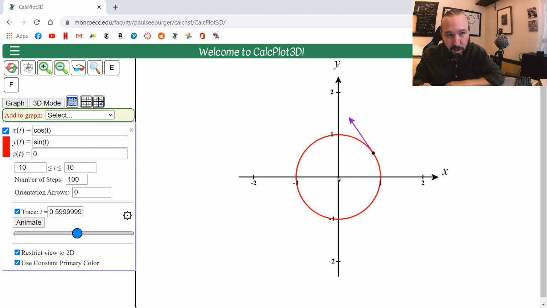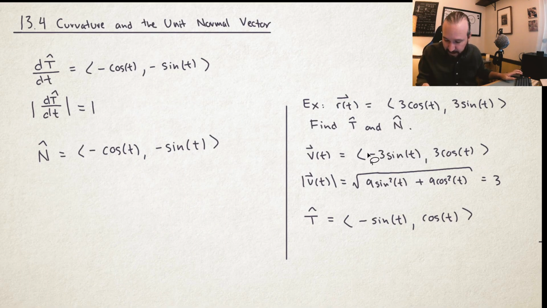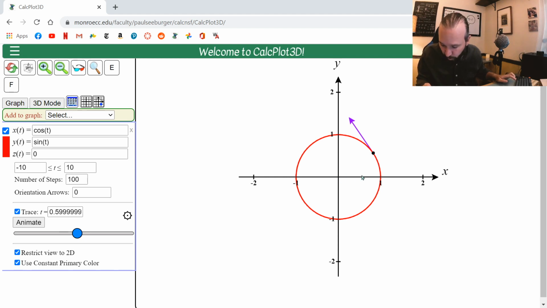So instead of starting at the origin and going right and up, it starts right here and goes left and up. Remember, because of this negative sign right there. Instead of going right and up to get to the point, I'm now going left and up to get to that unit tangent vector. So it makes sense the way these signs are changing.